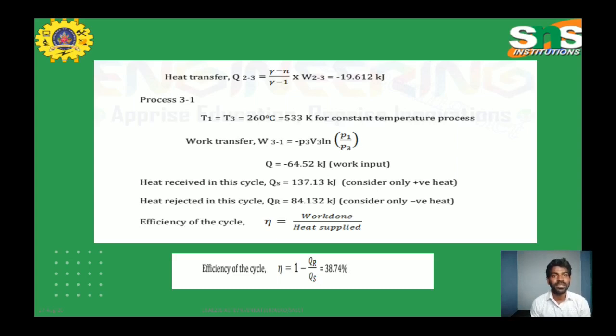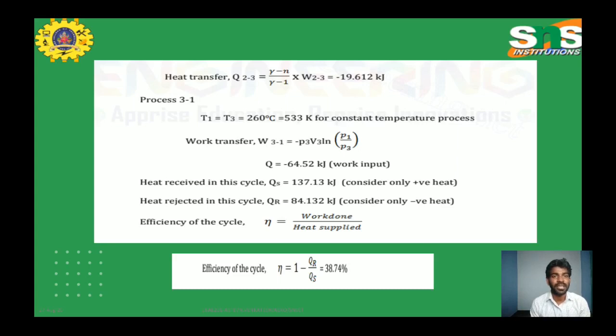The next one is process 3 to 1. In this given data, T1 and T3 are given. The work transfer equation is W3 to 1 is equal to P3 V3 ln (P1 by P2). Here we get the Q value as minus 64.52 kilojoule, the work output. So in this process 3 to 1, we need to find the work done of the section.